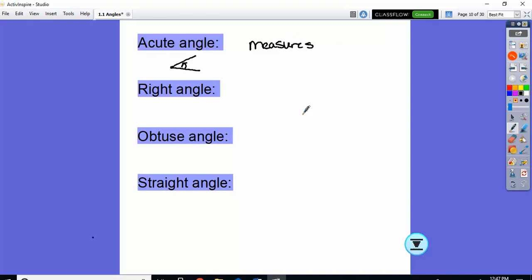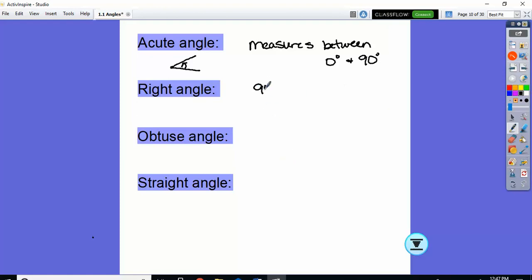We have to be a little careful because now that we're talking about negative angles, negative 120 degrees doesn't necessarily mean it's obtuse. So we're going to say it just measures between 0 and 90 degrees. And we'll talk about how to make a negative angle positive so we can decide.